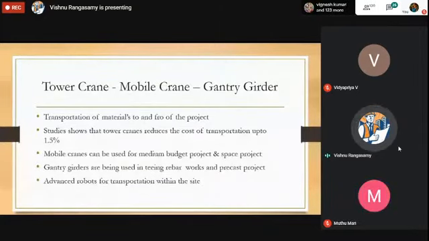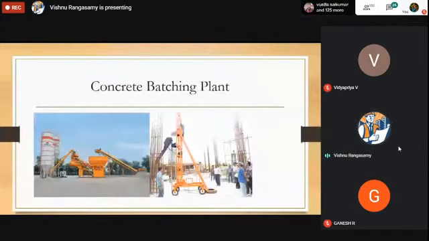These are the applications, or the modern machineries that we are using in day-to-day work. If there is a big project, you can even set up a batching plant within the site. All you need is 2,500 to 3,000 square feet of area for setting up such a small concrete batching plant.